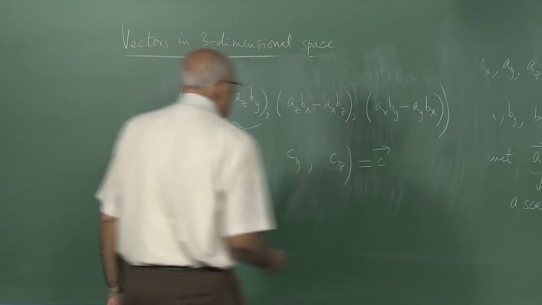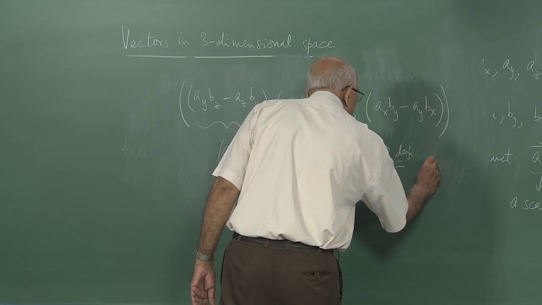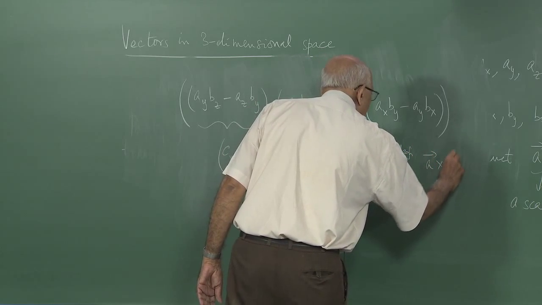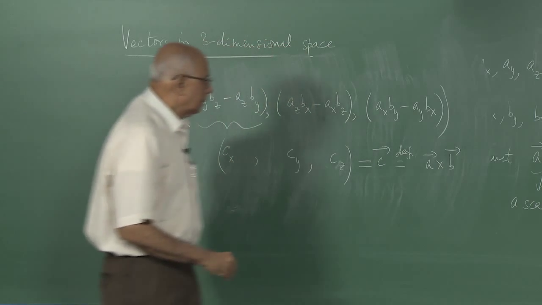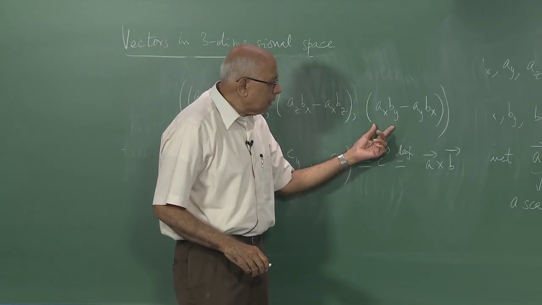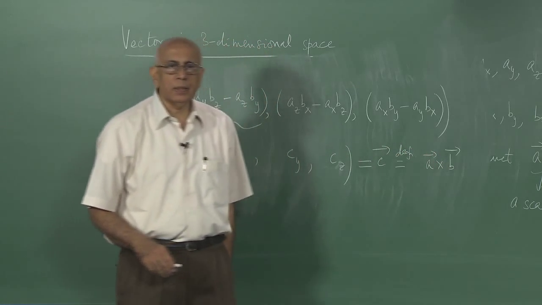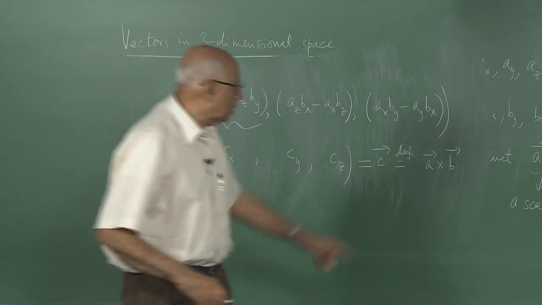This quantity is called by definition the vector product of A and B. There is one component of A in every term, there is one component of B in every term, and it is called the vector product here, or cross product for this cross.